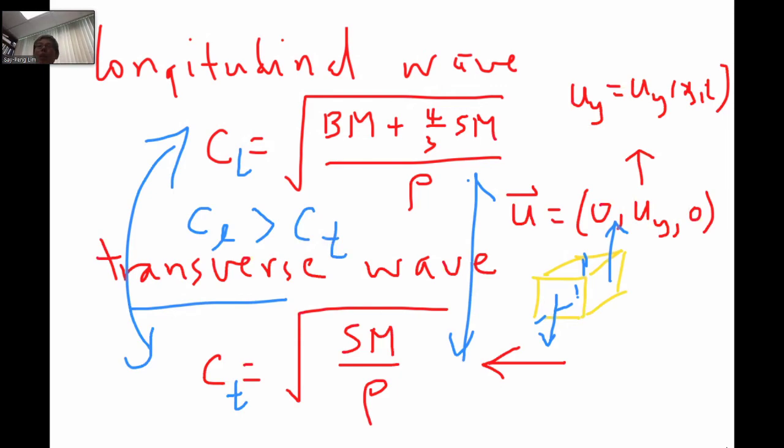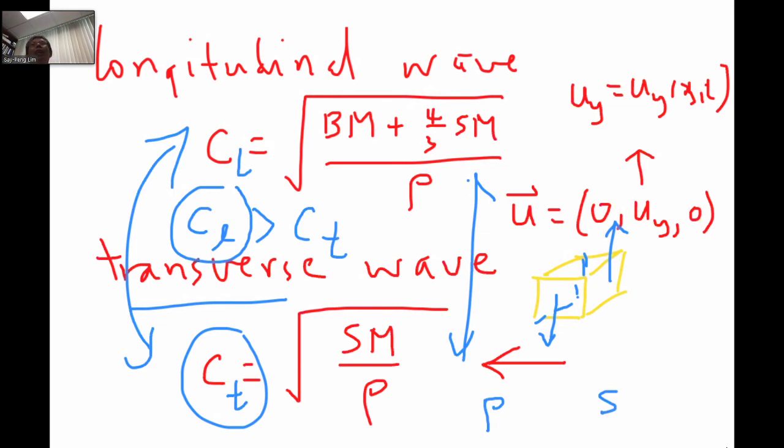So in earthquakes, and we live in earthquake country, when the earth displaces, it sets up two kinds of wave: the longitudinal wave that travels at the speed c sub l, and the transverse wave. The longitudinal wave travels faster, so geologists call that the primary wave, and the secondary wave is the transverse wave. They have different speeds.